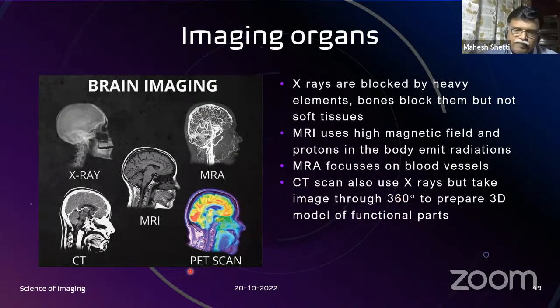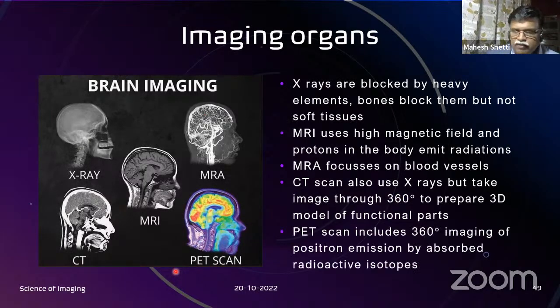Similarly, one can use PET scan, positron emission tomography. You will be given some kind of medicine which will contain a radioactive isotope, and that radioactive isotope is going to emit positrons, with its half-life, and those positrons will be picked up by the sensors which are kept around, and again, it will have 360-degree imaging, because that emission can happen in any direction.